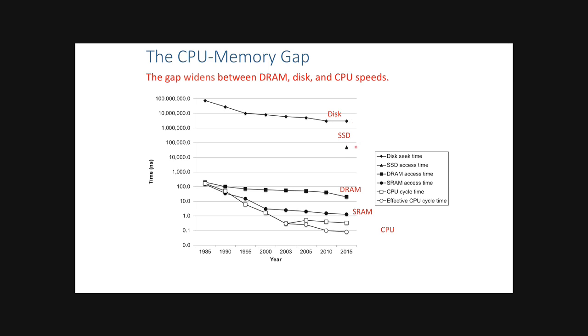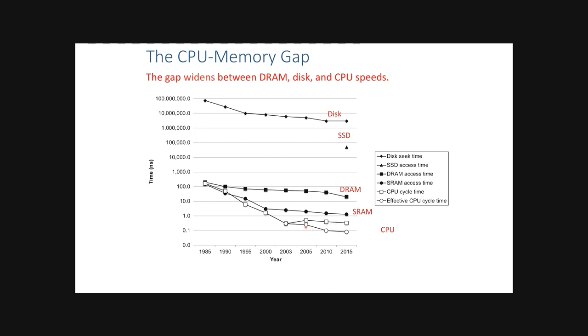The SSD flash drives are in this range. Their access speed is not changing very much since 2015. You can see the hard drive went down, but then now has just completely flattened out. Here's our main memory. This is still getting a little better, but there will be a time at which this pretty much flattens out as well. SRAM is the static RAM that's used for cache. That's faster yet, but you see it too is not changing that much anymore in terms of access time.